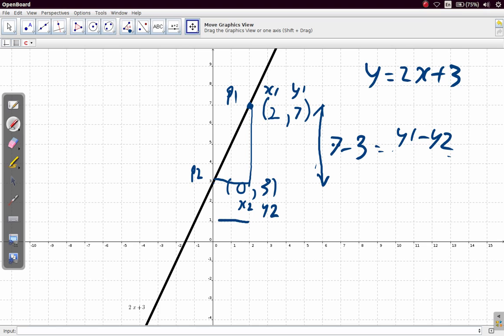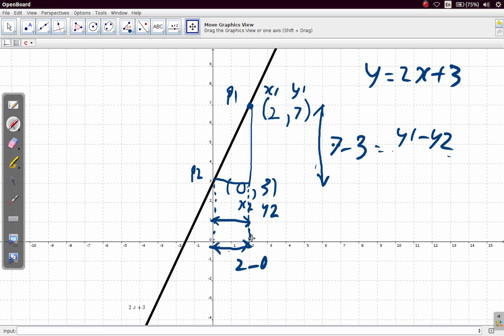What about the run, the width of that right angle triangle? How would you get it? Right here is above 2, and this other point is above 0. So the width, how wide this is, is 2 minus 0.